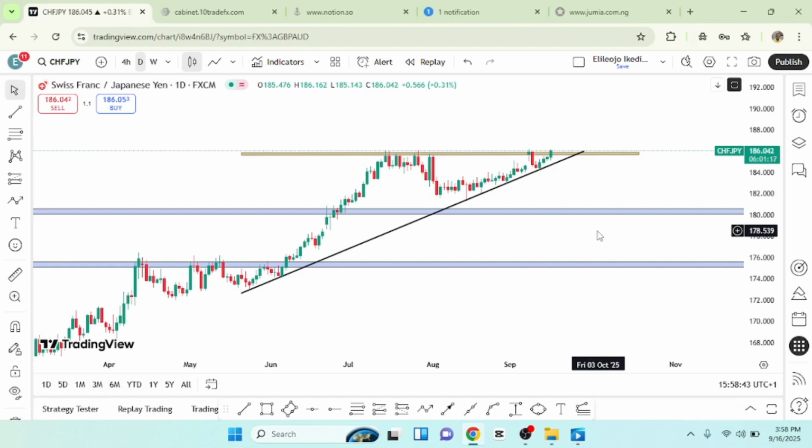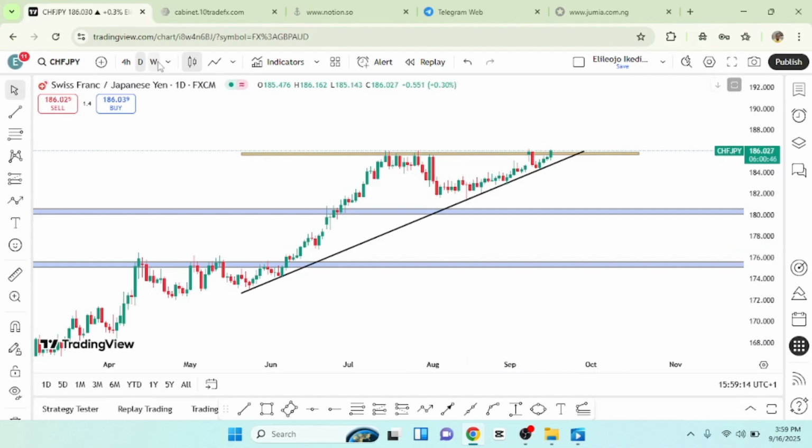I'm not saying that support and resistance levels drawn on lower time frames like 15 minutes don't work. They actually do work. But what I'm saying is that when the support level is drawn on higher time frames, it holds more significance. It is stronger than when it is drawn on lower time frames. So that's the first thing we need to take note of: our support and resistance levels are more significant and stronger when they are drawn on higher time frames.